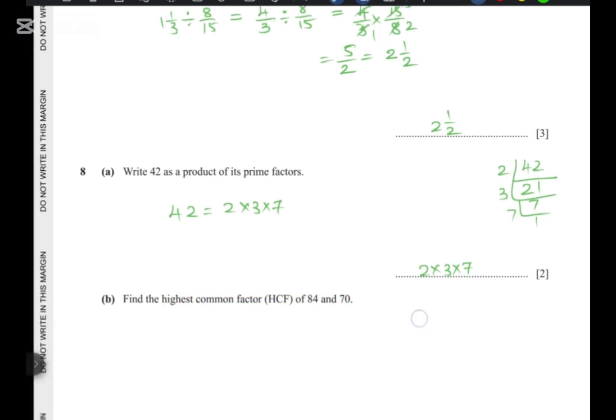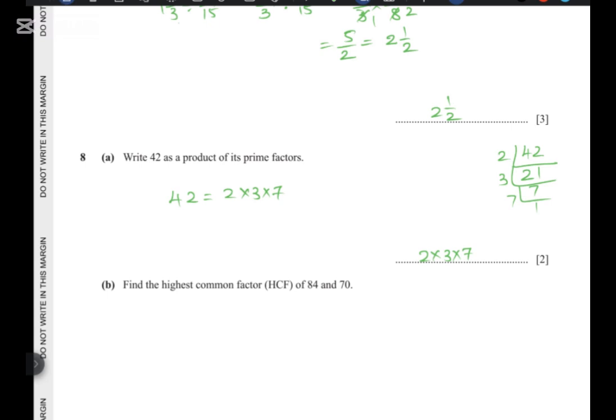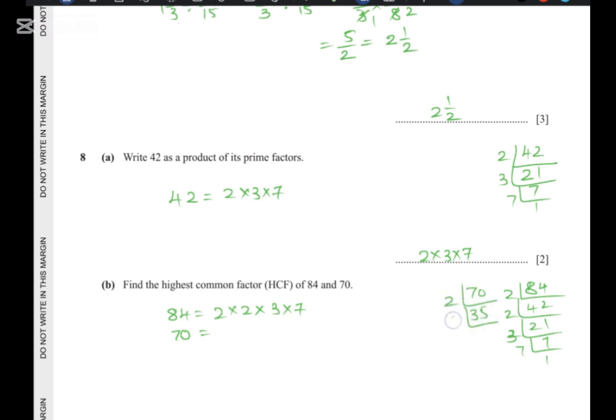To find the highest common factor, you have to write all the prime factors of each number. 84, do the prime factorization: 2 42s are 84, 2 21s are 42, 3 7s are 21, 7 1s are 7. 84 is 2 into 2 into 3 into 7. 70: find for 70 also. 2 times 35, 5 times 7, 7 times 1. So it is 2 into 5 into 7.